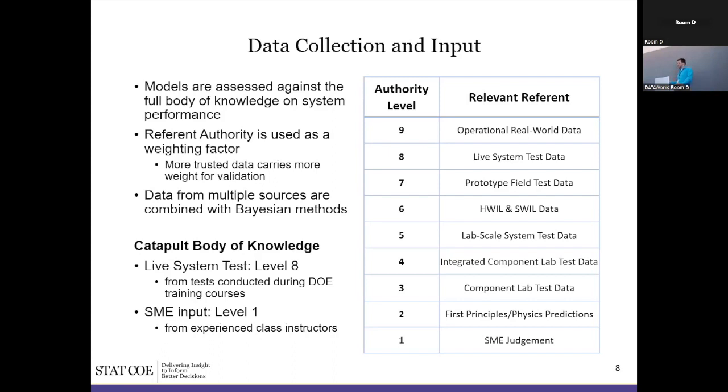Okay, so we've set up our mission scope, our validation area. What's next? Well, now we need to collect the data we're going to assess against. As stated before, we want to assess against the entire body of knowledge on a system.